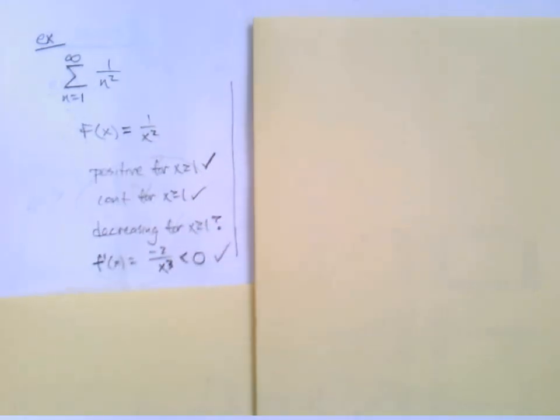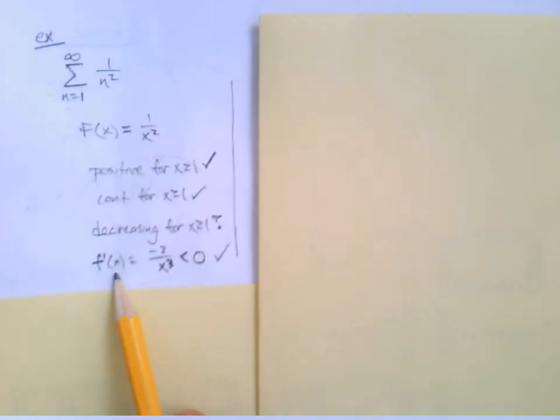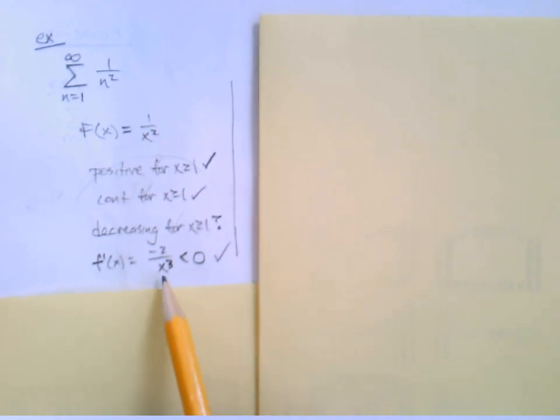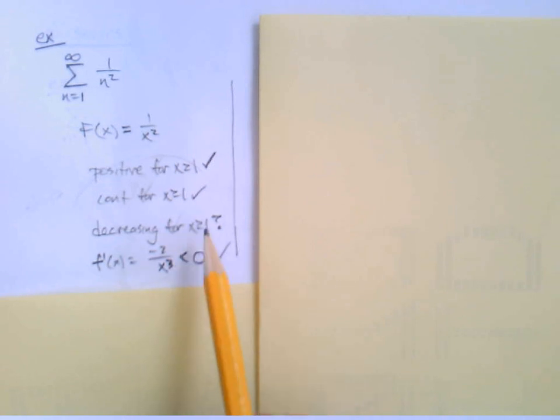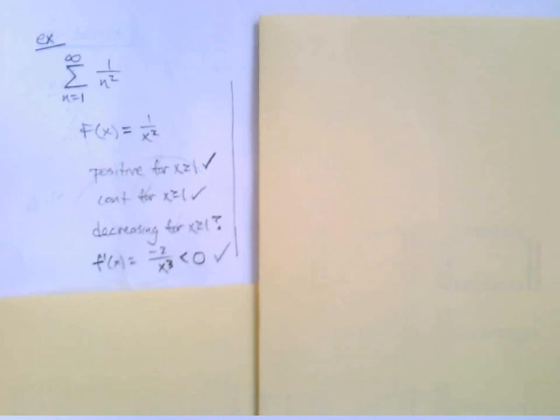We will quickly check with the derivative. Our derivative is negative 2 over x to the third. You might show some steps getting there. But for x greater than or equal to 1, we're always going to have a negative over a positive. Yep, that is always decreasing. That derivative is always negative. So we are good to go. We have satisfied the conditions.